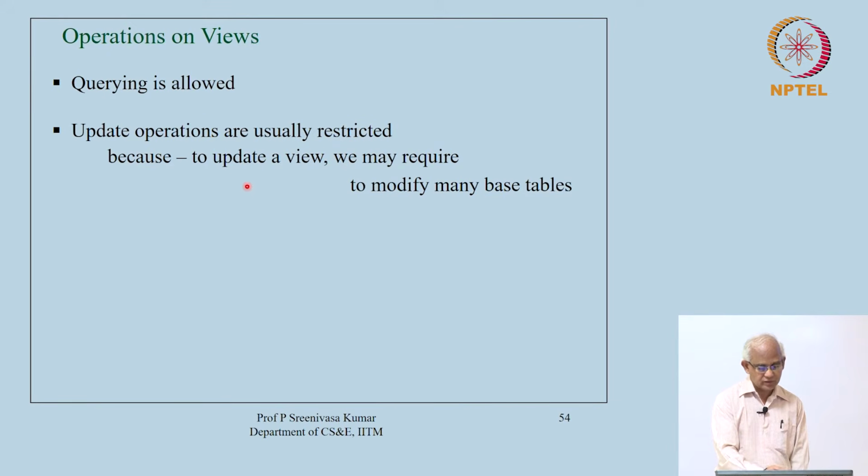The main reason for that is that to update the view, we may actually be required to modify many base tables, because it is possible that the view makes use of many base tables. So, in the view definition, many base tables might be involved.